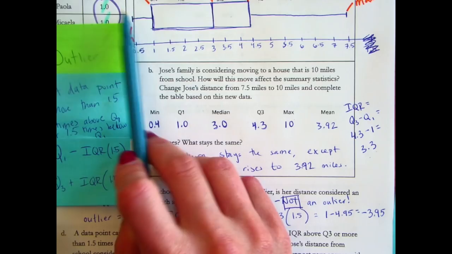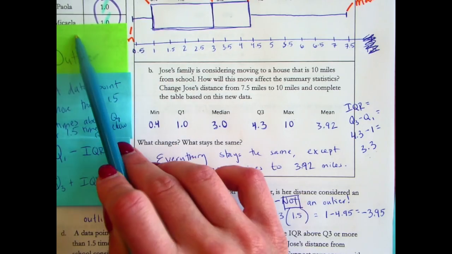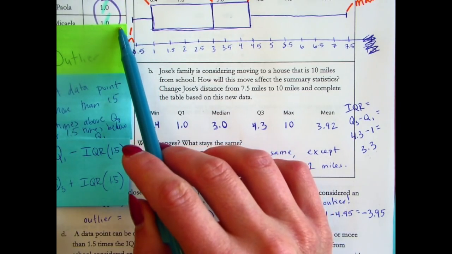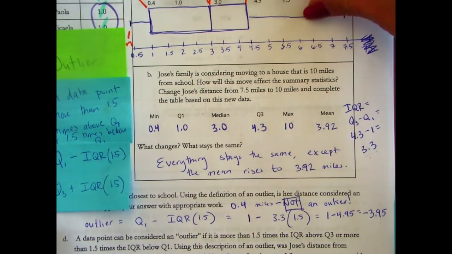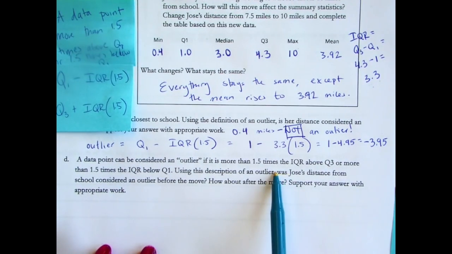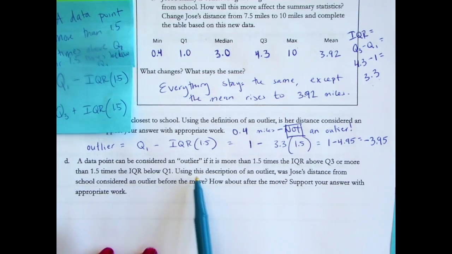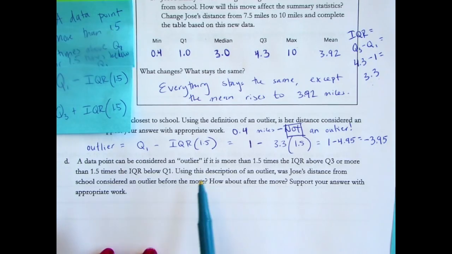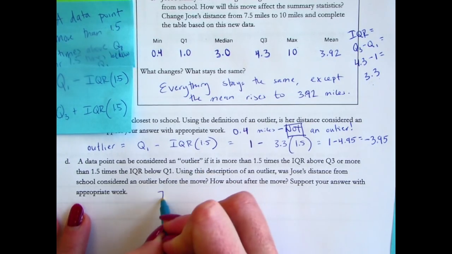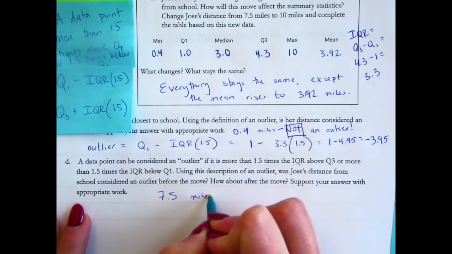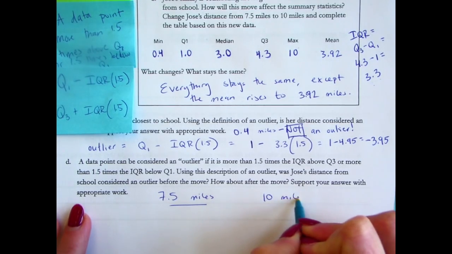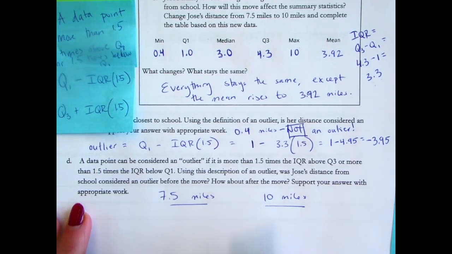An outlier to the right would be Q3 plus 1.5 times the IQR, and Q3 is 4.3. So I'm going to take 4.3, that's coming right from my summary statistics, plus IQR times 1.5, which I calculated already to be 4.95.